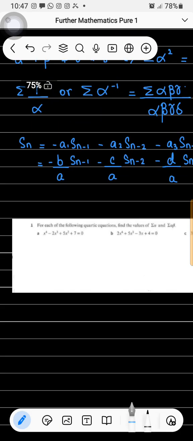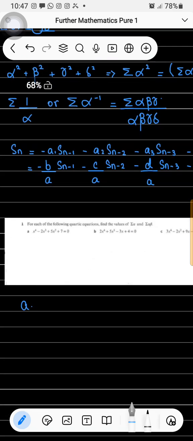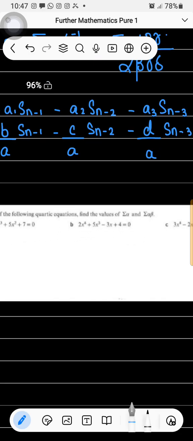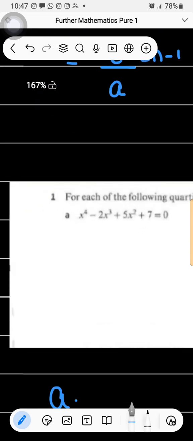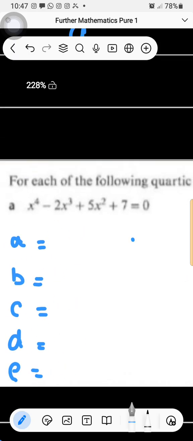This is question number 1 and we have to do the first part. First of all, what is the question asking for? The question is asking for sum of alpha and sum of alpha beta. For the first part, we will write a is equal to, b is equal to, c is equal to, d is equal to, and e is equal to. What is a? Coefficient of x power 4. What is b? Coefficient of x cube. What is c?